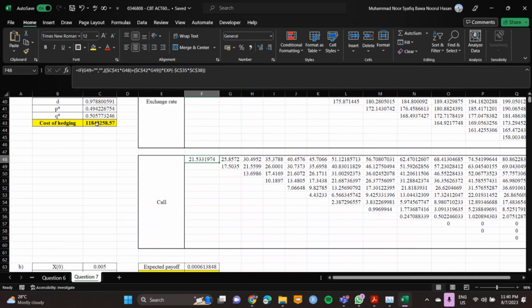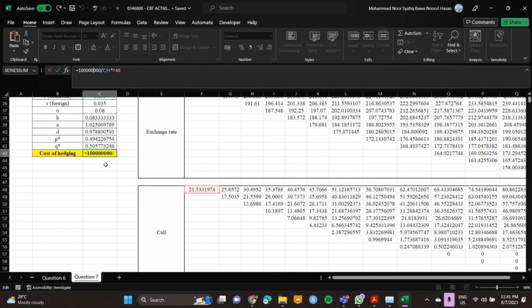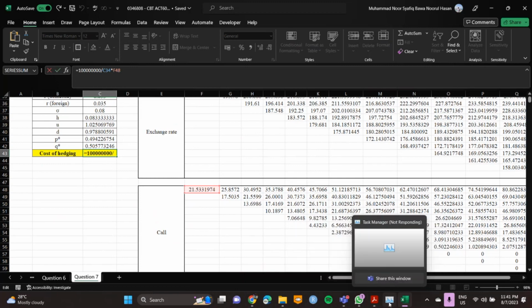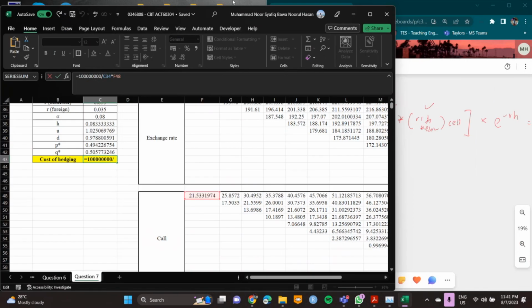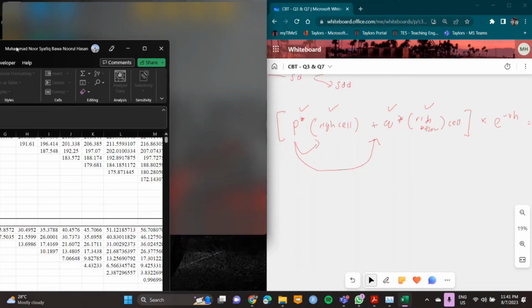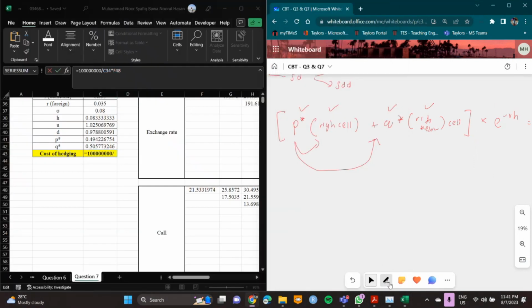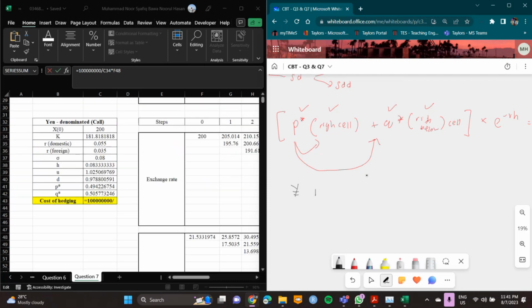21.5331974. But for the cost of hedging, we have to take the 100 million divided by the value of K. We have to do that because of the concept where it's given yen, we have the K value, the yen K, which is 181.82 equals 1 euro.